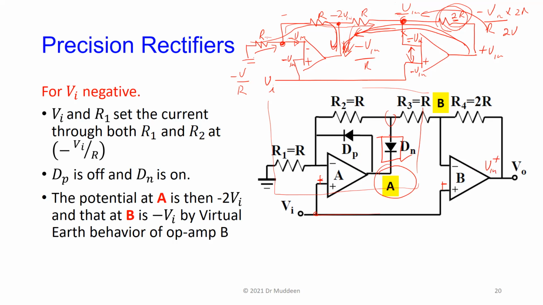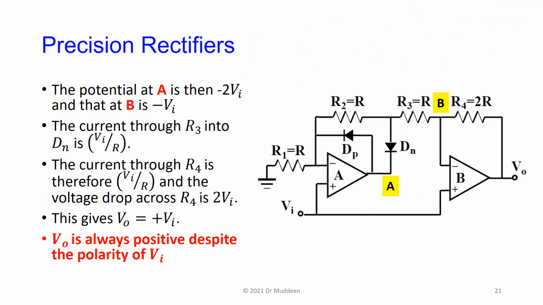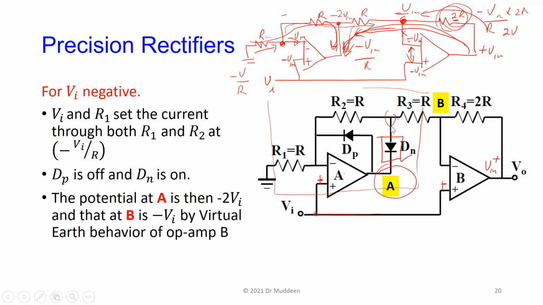Because this diode is now off, there's no electrical connection between amplifier A and the rest of the circuit. So as far as the system is concerned, it just has B, and B is a non-inverting amplifier. So if I put a positive on B, then the output just tracks whatever the non-inverting input does.